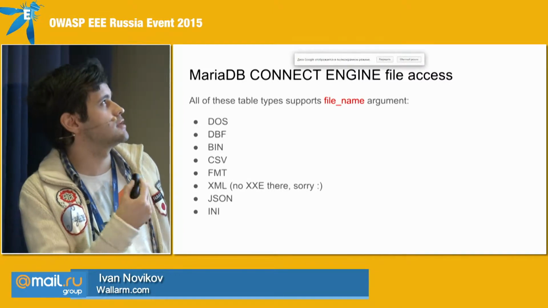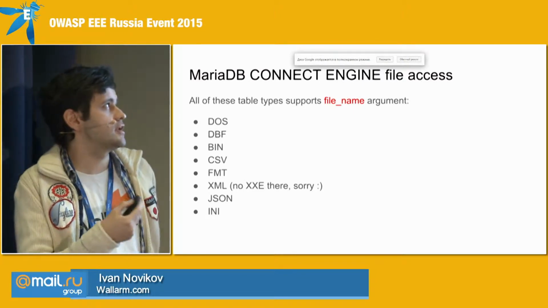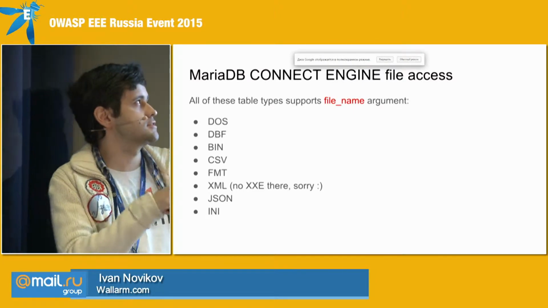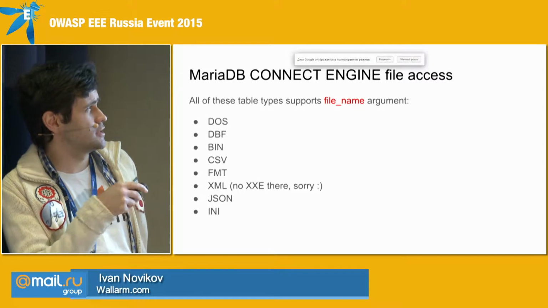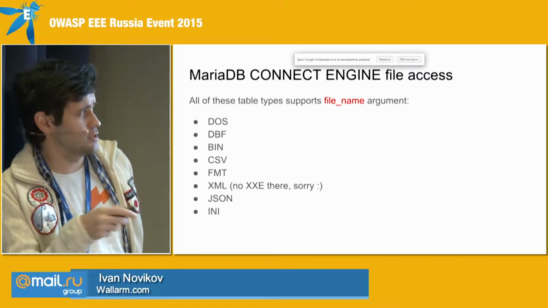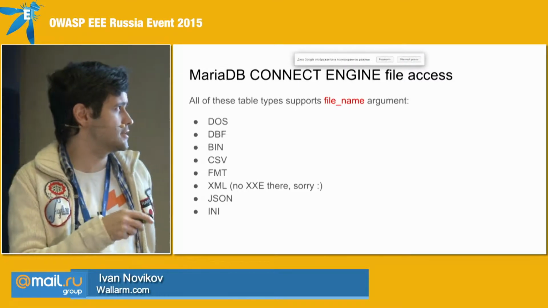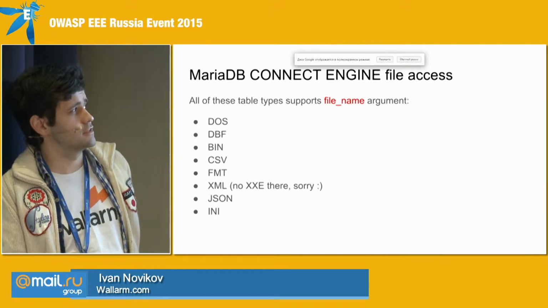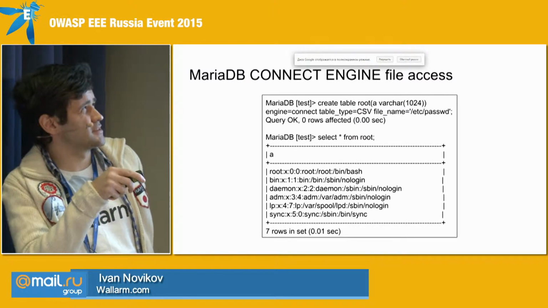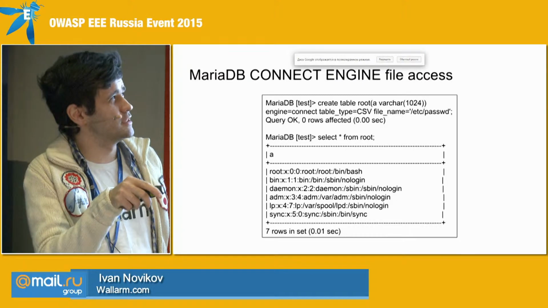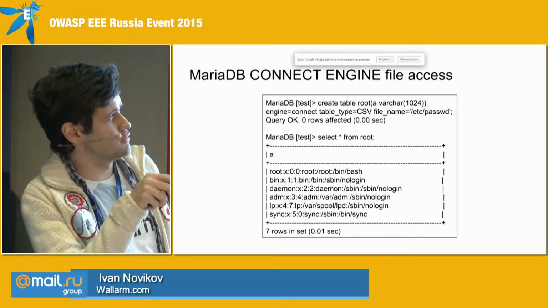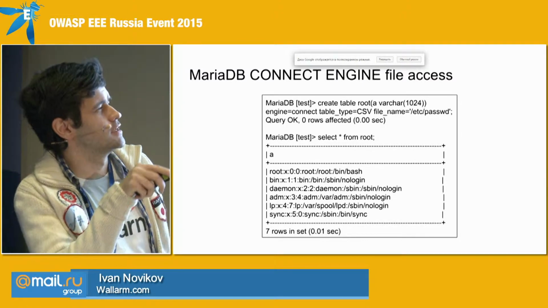It's DOS file names, DBF, binary files, CSV, FMT, like a CSV but with another delimiter, and also XML, JSON and INI files. You can create a table and link this table to a local file, for example in the etc path, and after that read this data.